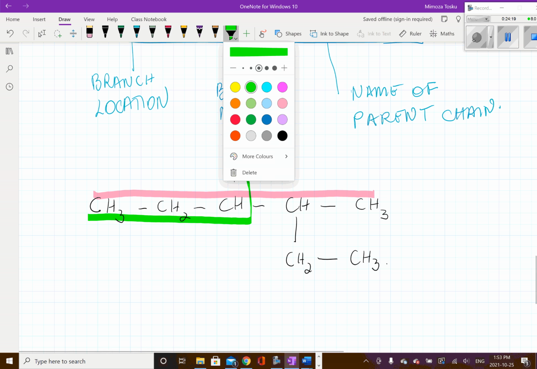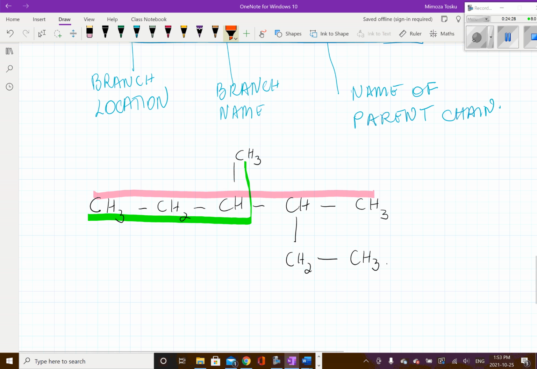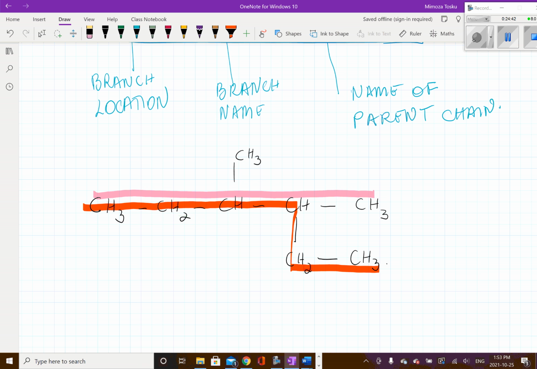So five is the number of carbons in that chain. However, if I move in a different way, 1, 2, 3, 4, 5, 6, then I have a chain that is longest. Therefore, the longest chain will be the chain in red. So I will erase those two.